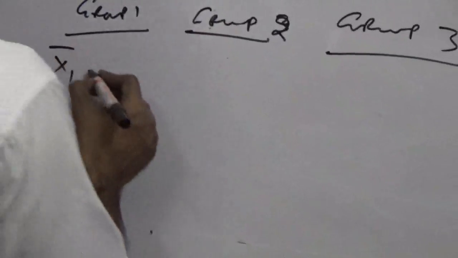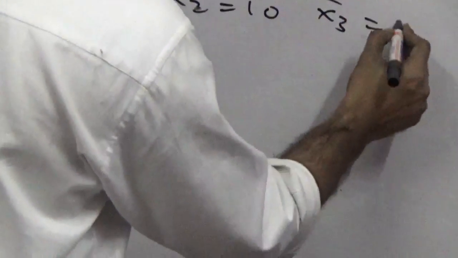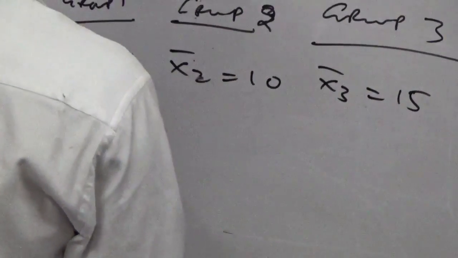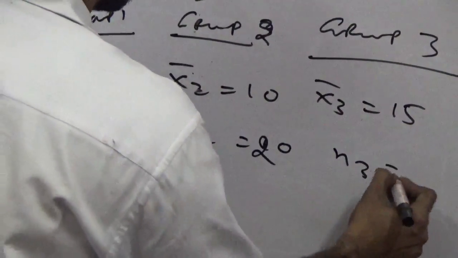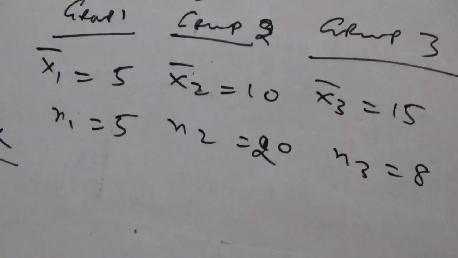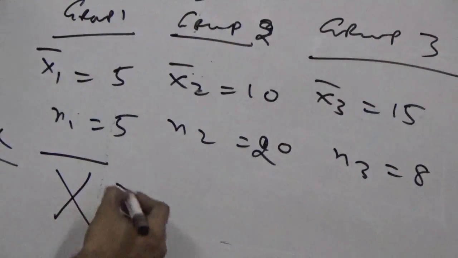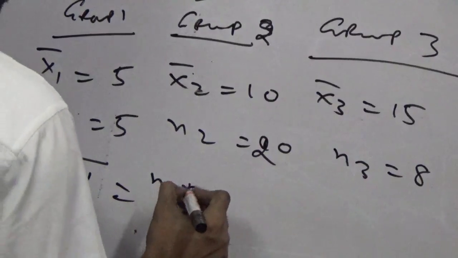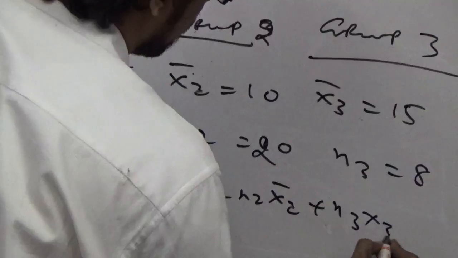So x1 bar is 5, x2 bar is 10, x3 bar is 15, n1 is 5, n2 is 10, and n3 is 8. So n1, n2, n3 is the number of people in each group. You have to find the entire group's average. So there is a combined average formula: capital X bar equals n1 x1 bar plus n2 x2 bar plus n3 x3 bar, divided by n1 plus n2 plus n3.